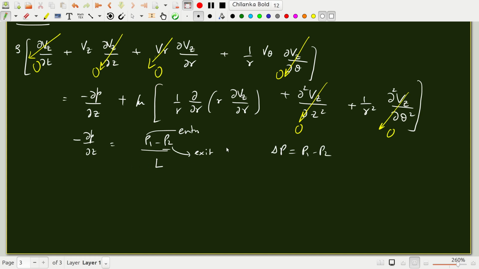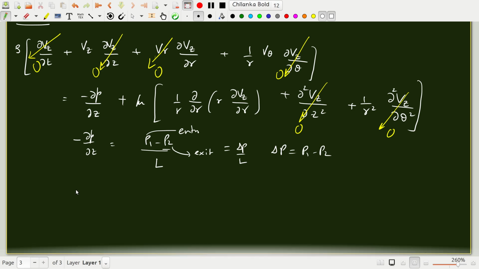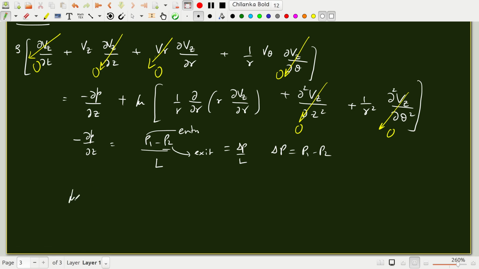So minus partial P partial z is delta P by L. Now if I rewrite this, mu times 1 by r partial r of r partial Vz by partial r is equal to minus delta P by L.